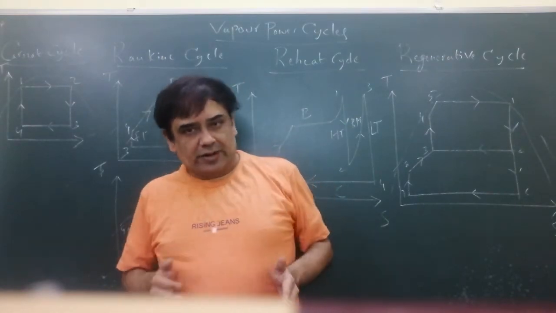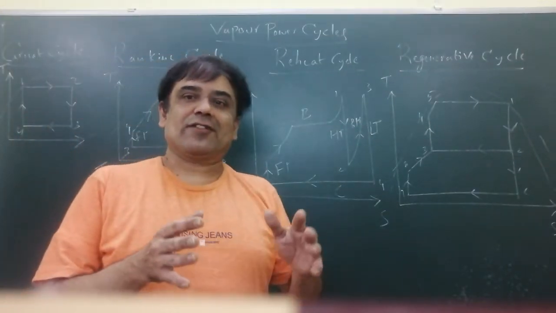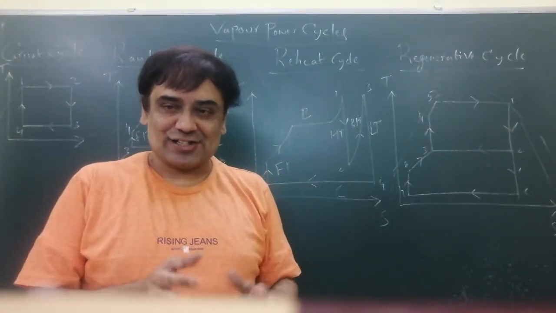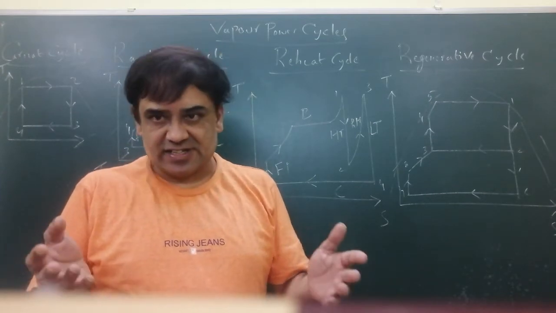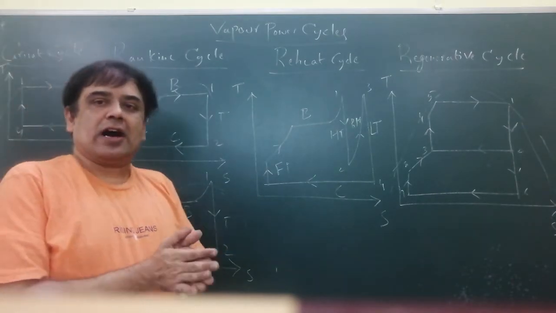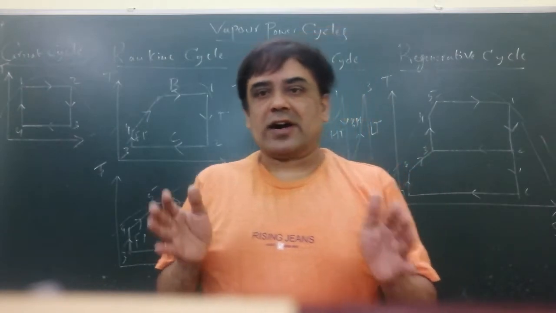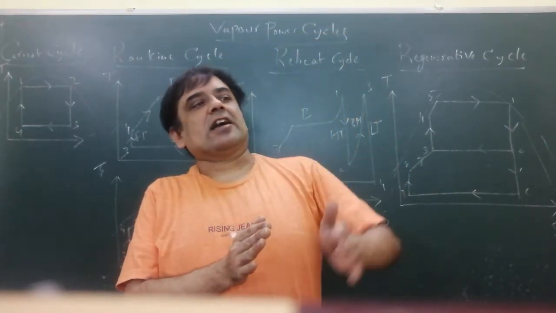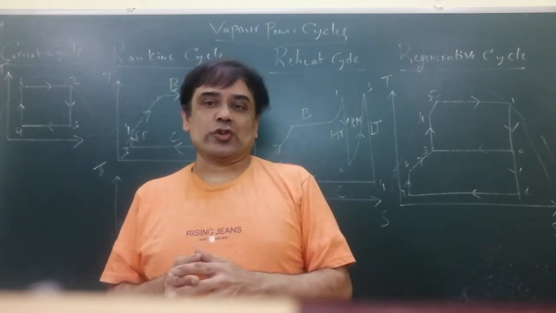In my earlier videos, I could deliver the content concerning air standard cycles, internal combustion engines, gas turbines, jet propulsion. Even in the previous video, I could cover the synoptic overview, what exactly a faculty has to convey or what students should learn.